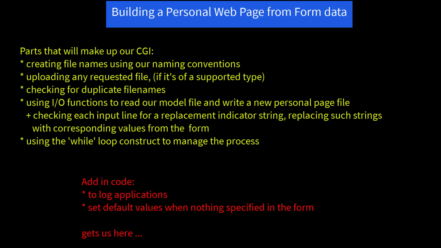And we can add in some code to log each user's making an application, and some code to set default values if nothing was specified in the form, and we end up with this code for addres.php.